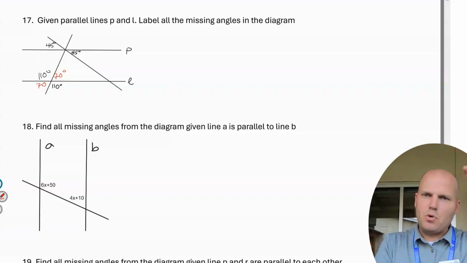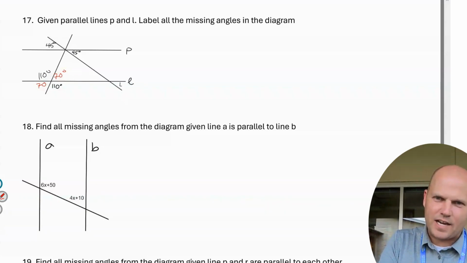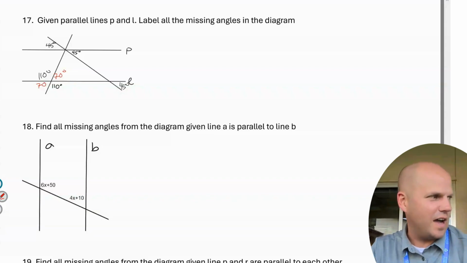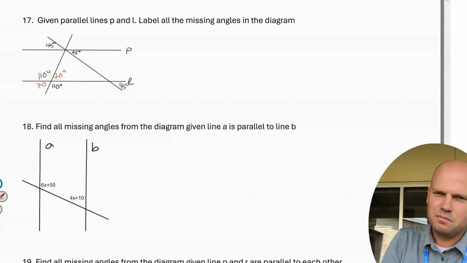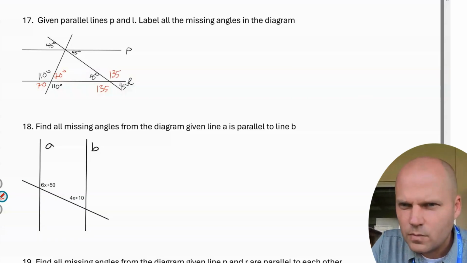Take the picture, move it down, follow this other diagonal line, and you can see this bottom right corner angle is 45. Since that's 45, all of a sudden you realize that this must be 135. Cool.